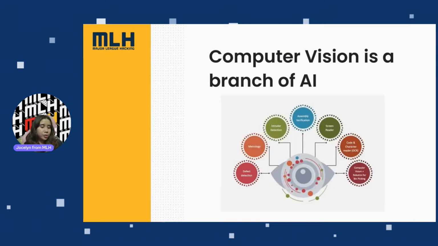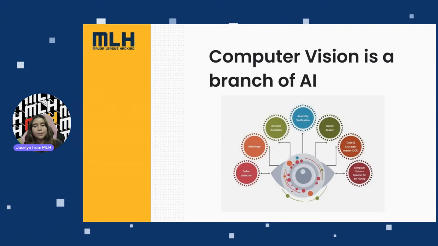Computer vision is basically a branch of AI. It is directly related because there's a lot of deep learning in there, and deep learning is also a branch of AI. Computer vision is used very broadly in industries.